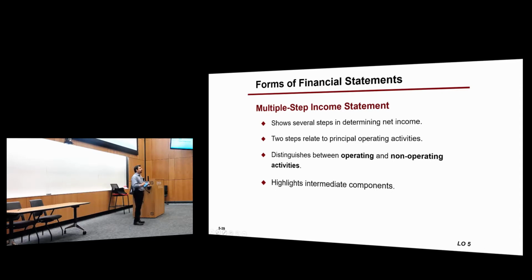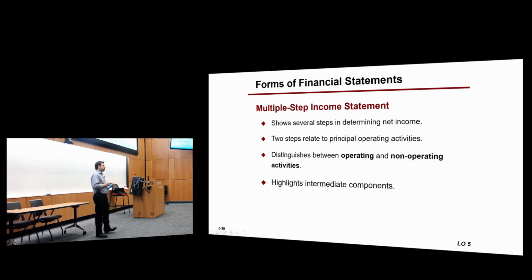On the other hand, with a multiple-step income statement, companies group items differently and provide you with more information. For example, they will show the difference between sales and cost of goods sold.